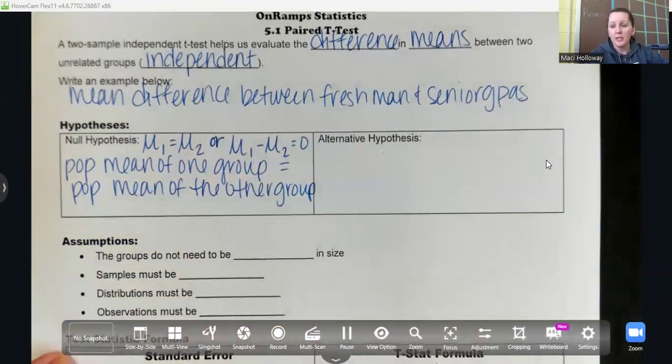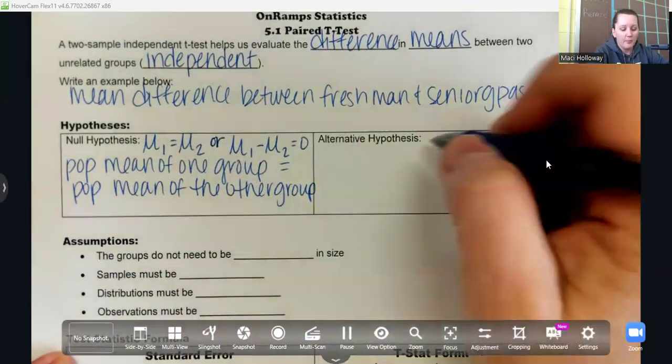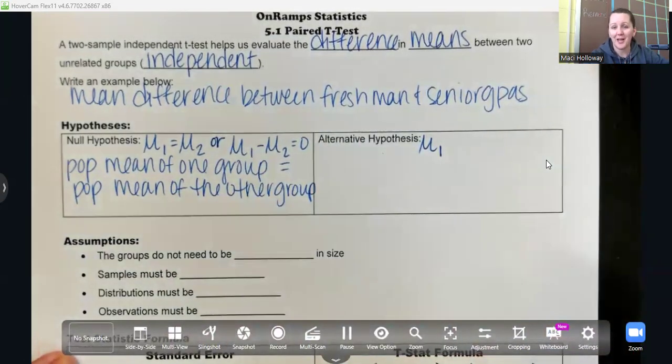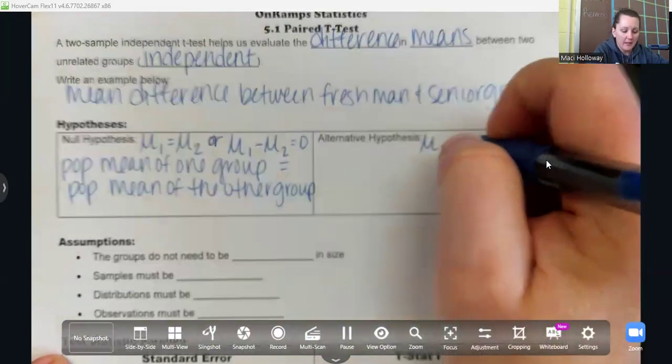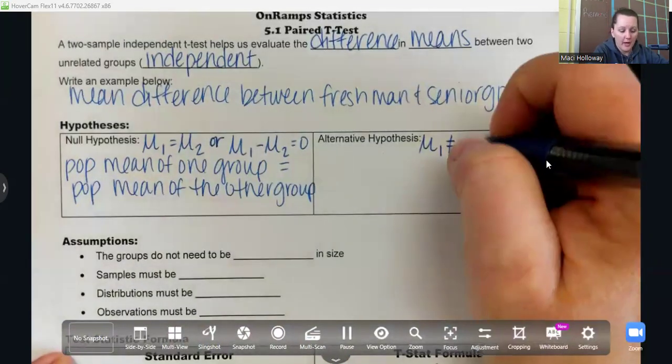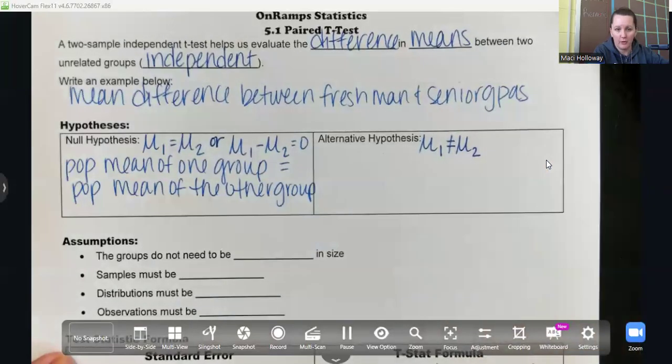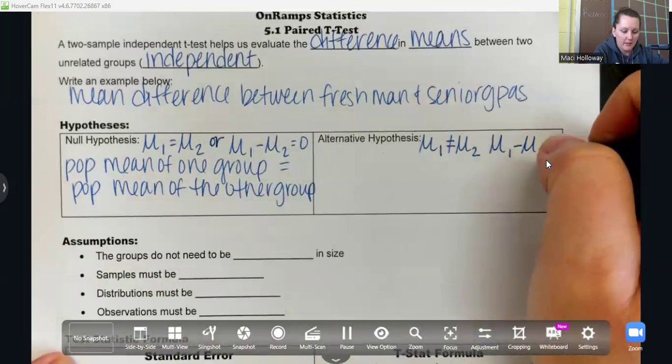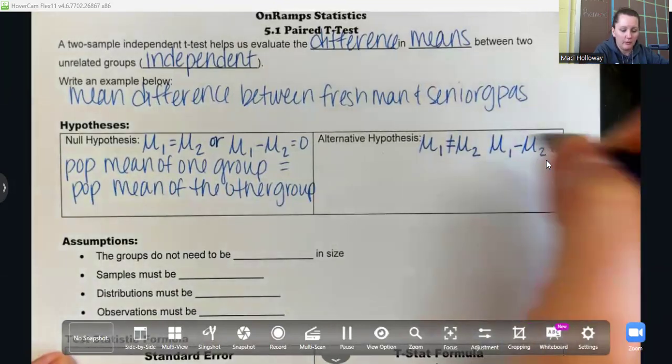All right, so my alternative hypothesis, if I wanted to reject the null hypothesis, would be that the mean for one group would not equal the mean for the second group. Therefore, their difference in means would not equal 0.